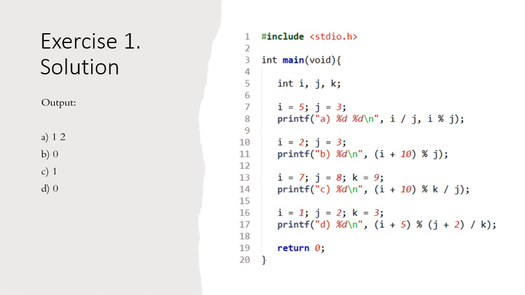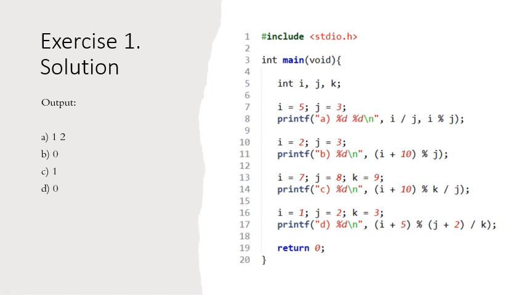So 5 divided by 3 will be equal to 1. We are dealing with integers, so we are truncating the result. It returns an integer, which is only 1, and the remainder of I and j is 2.